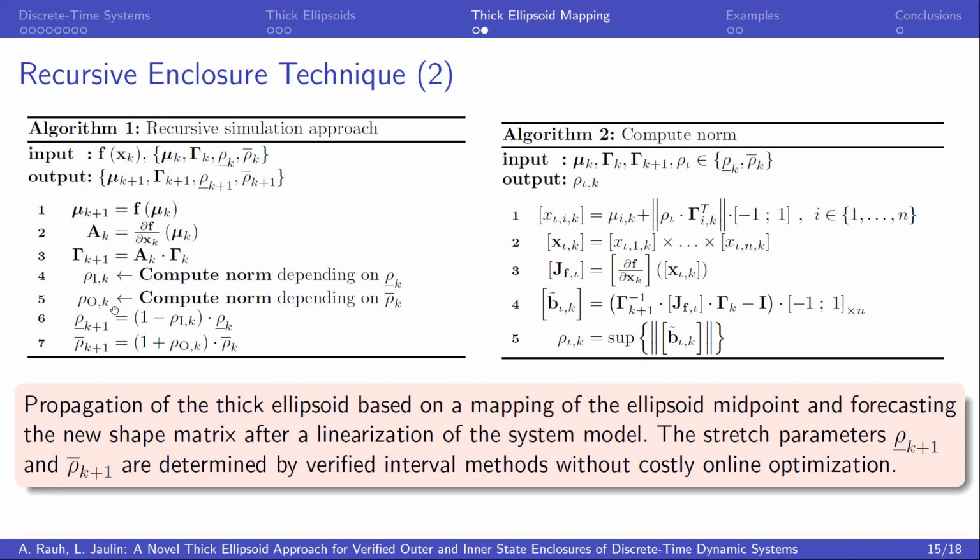And finally, we have to determine the stretch parameters, rho underline and rho overline, in the new time step k+1. For that purpose, we have to make use of an interval extension of the corresponding system's Jacobian, and the other operations that are required are interval-valued matrix multiplications and an extension of a Euclidean norm operator for an interval box.